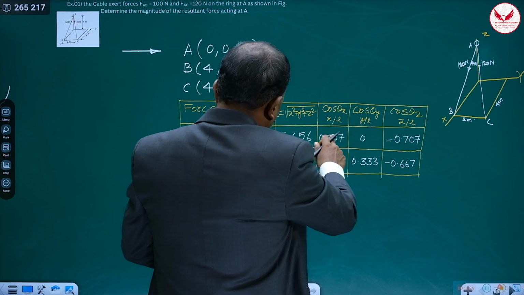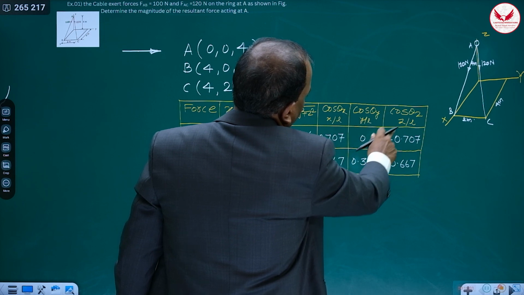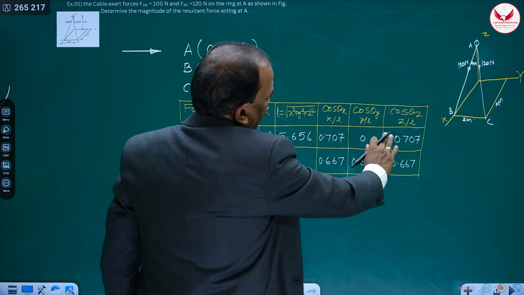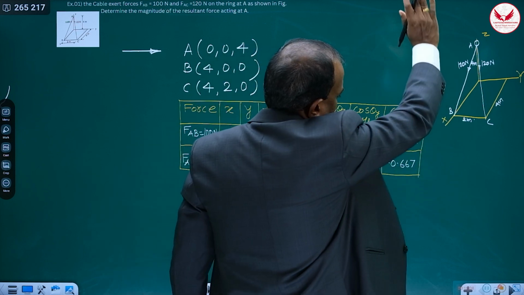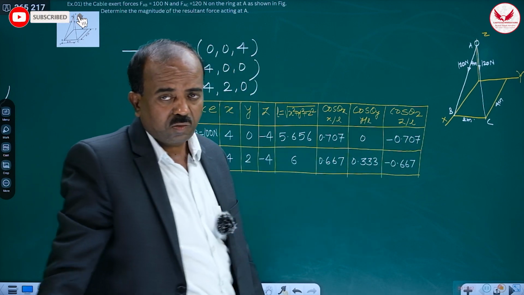So this is cos theta x, this is cos theta y, and this is cos theta z. Why is this negative sign there? Z is upward, but this tensile force is downward. That's why minus.